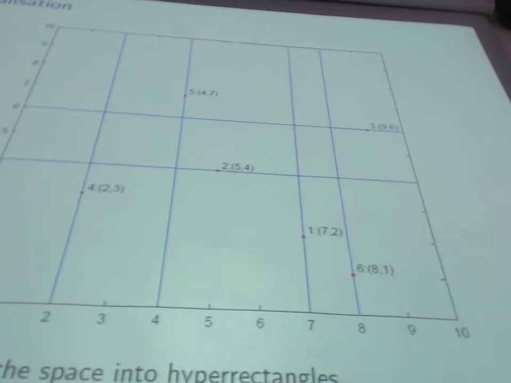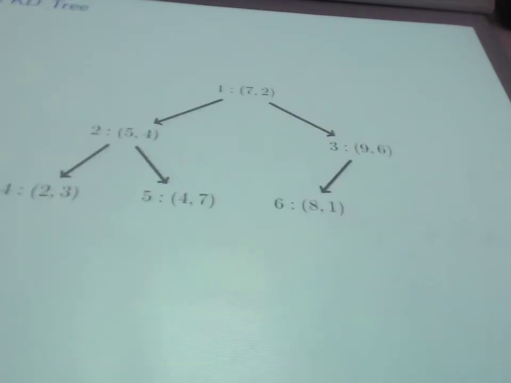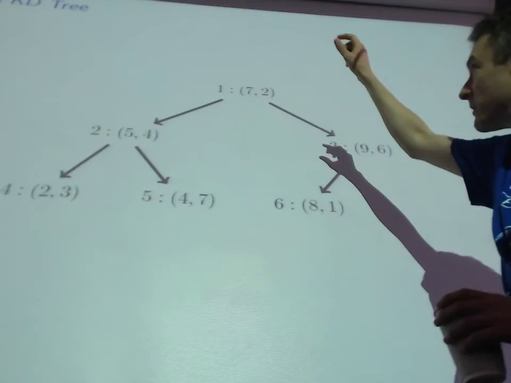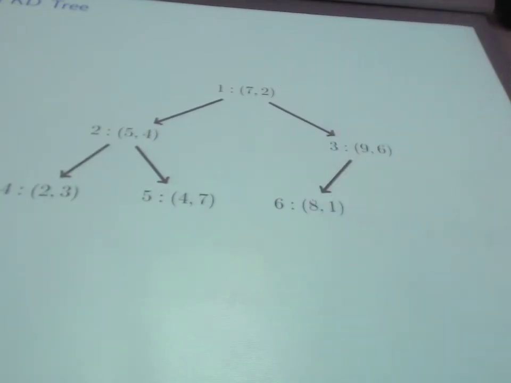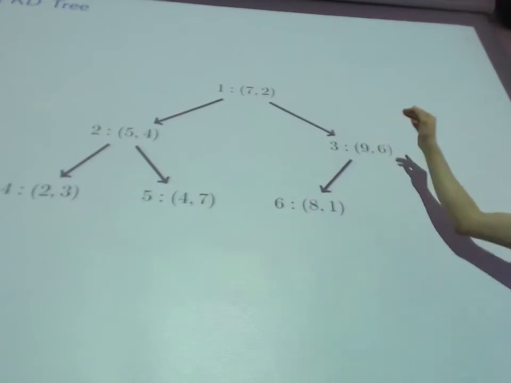How do I do that? I come along with my point 9, 2, and I drop it at the top of the tree. Because I'm splitting along dimension 1 first, and 9 is bigger than 7, this point 9, 2 goes to the right. So I'll come to here.